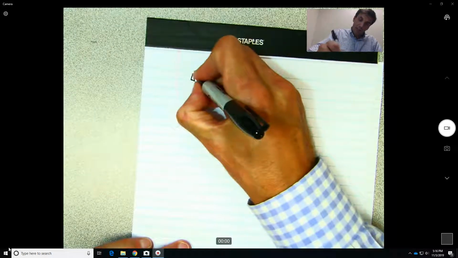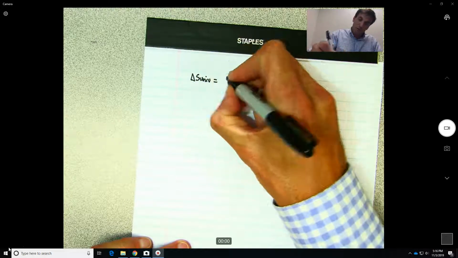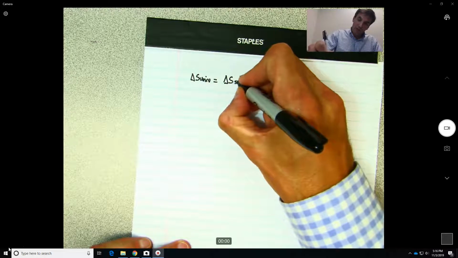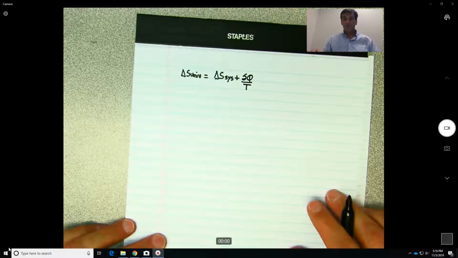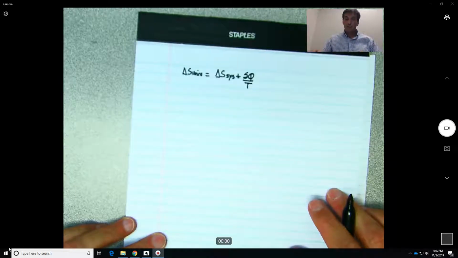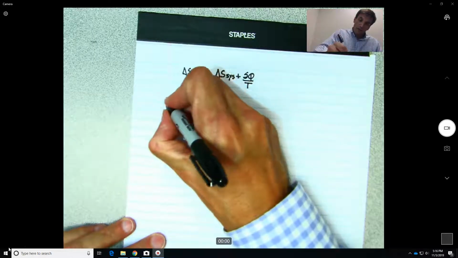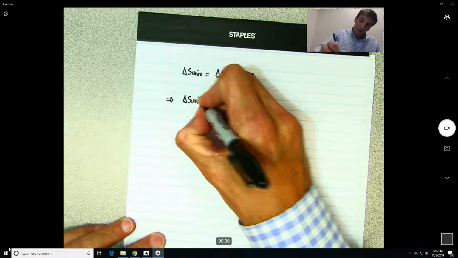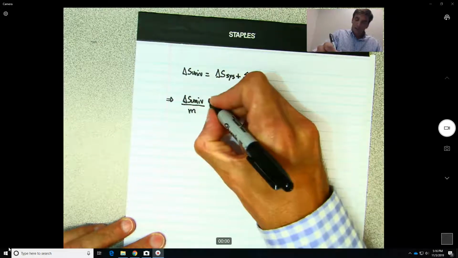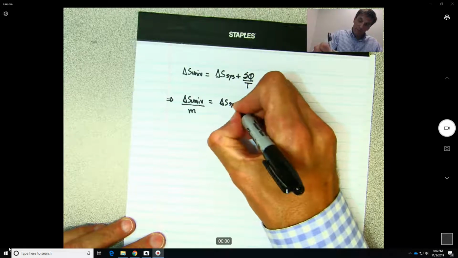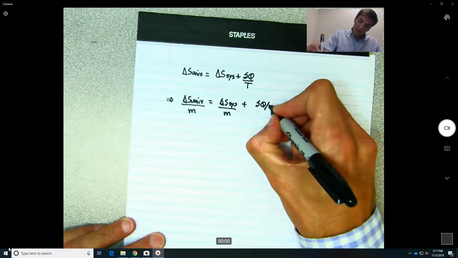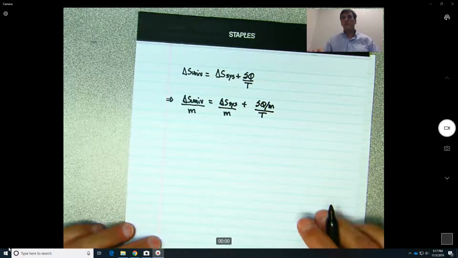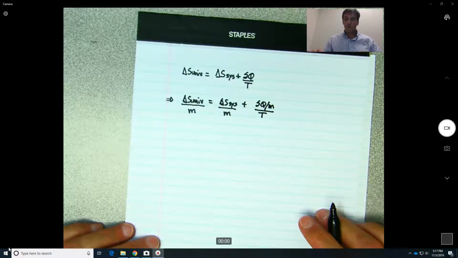So what is the change in entropy equal to? We say that the change of the entropy of the universe is equal to the change of entropy of the system plus delta Q over T. So that means that the change of entropy per unit mass of the universe would be equal to our system per unit mass plus our delta Q over M divided by the T of the surface, or the reference temperature in this problem.